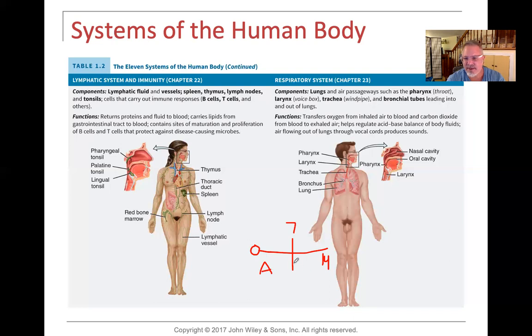And then everything above 7.0 is going to be a base. Okay. And our blood pH is somewhere right around here, which is like 7.35 to 7.45. And any extreme shift to that can result in death. So the body has a lot of these built-in mechanisms to help modify pH and always keep it in a state of flux. Okay.